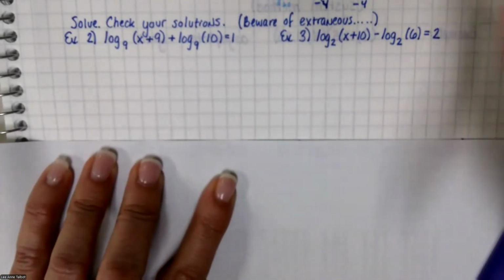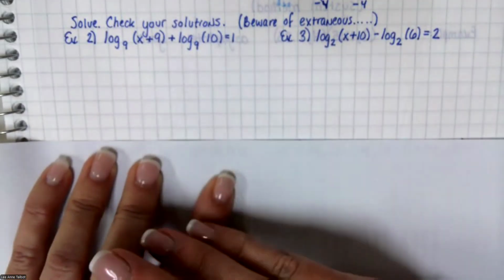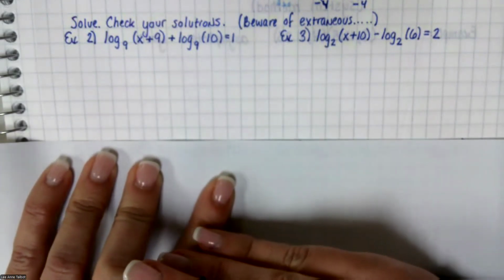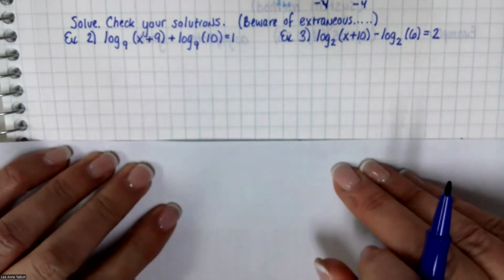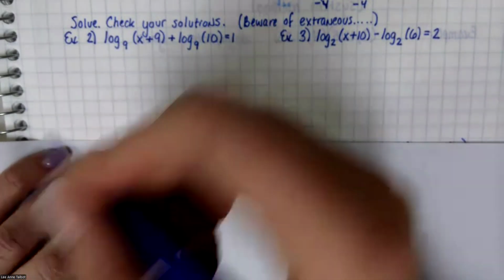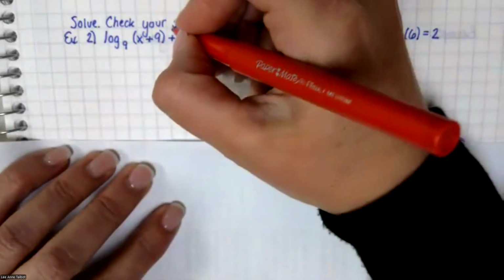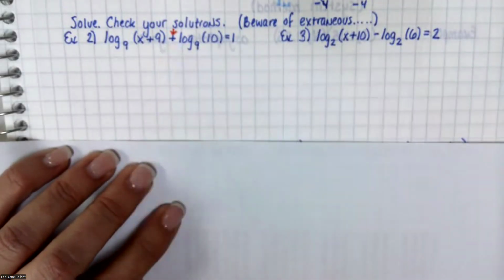Okay, now here's the bad news of the day. Log equations have extraneous solutions. I know. So we have to check them, but we check them in the calculator. It's not really a big deal. I'll show you how. First thing you do is look at the operation being performed in that particular log equation.